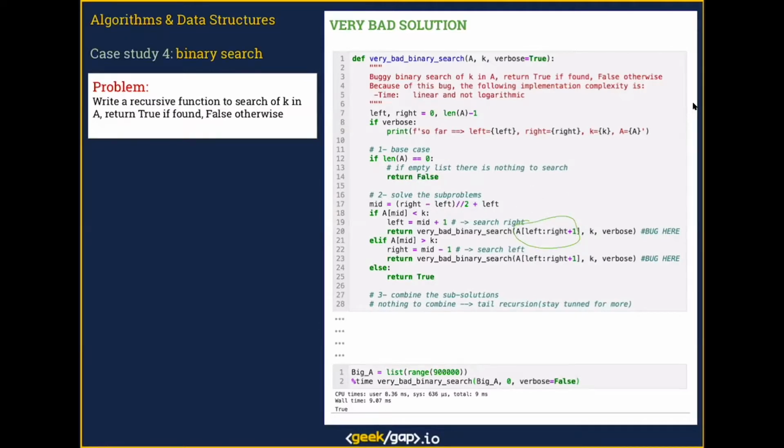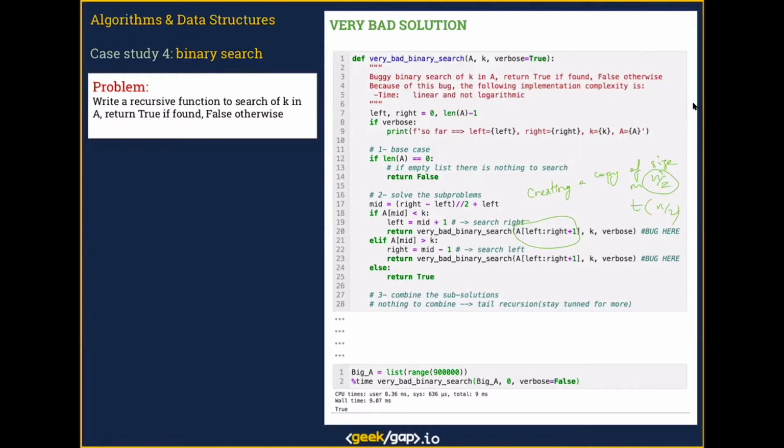It's creating a copy of size n divided by 2. So it takes memory n divided by 2 and time n divided by 2. So it's a very bad approach, and you will see this very frequently.